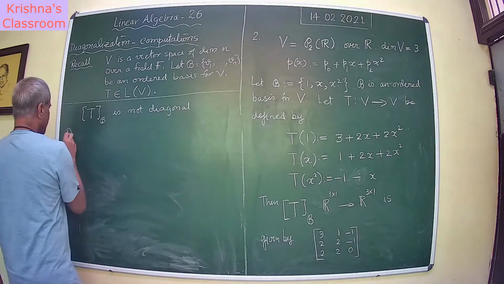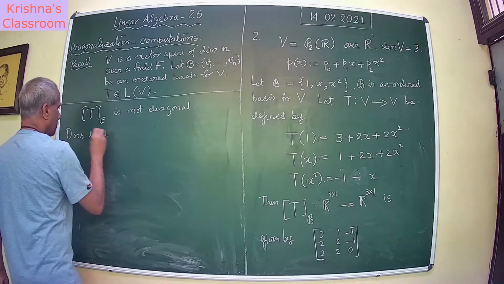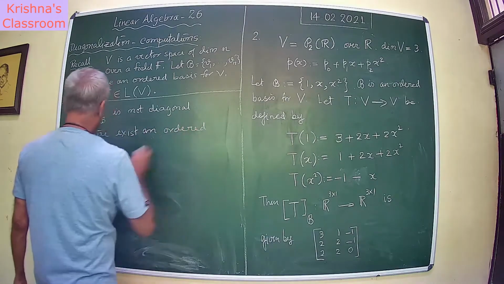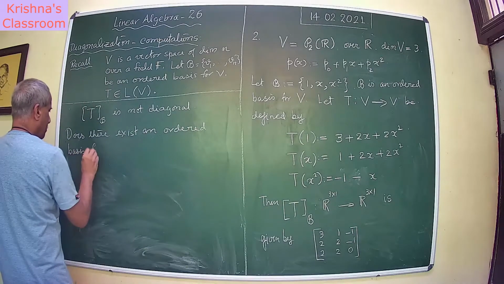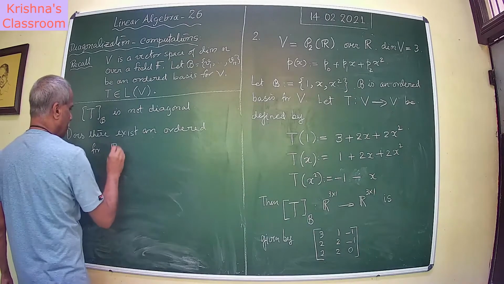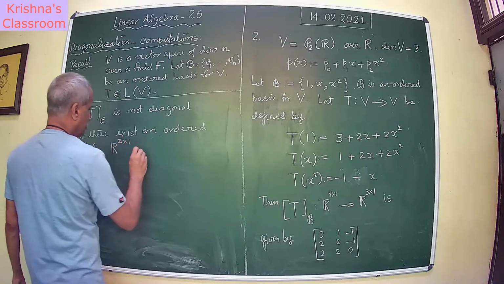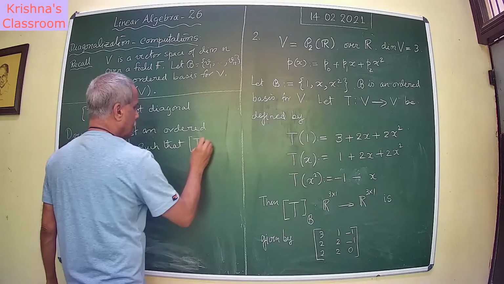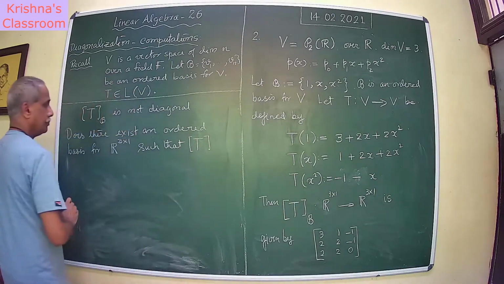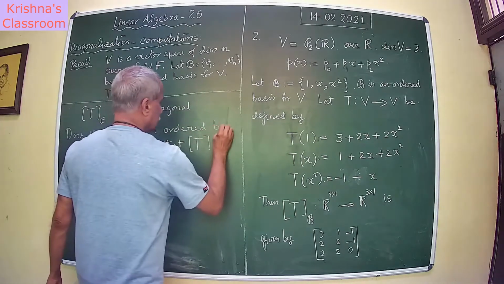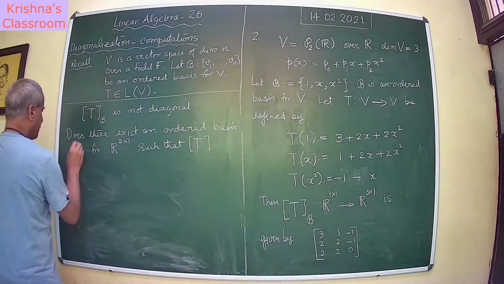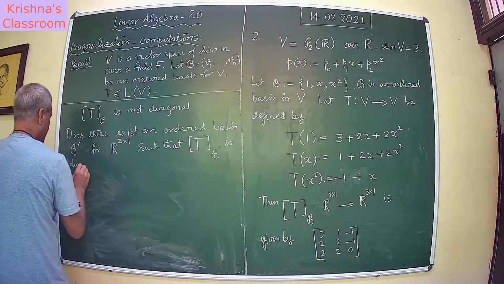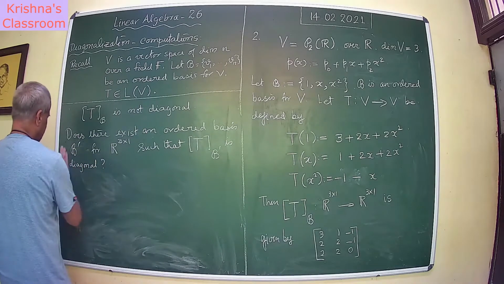Does there exist an ordered basis B prime? That's the question.